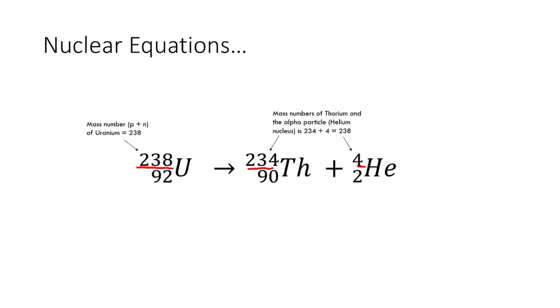So we have consistency, and this is the law of conservation of mass. It's just in a different form. Same with conservation of charge at the bottom. We've got the 90 on thorium plus the 2 on helium. Gives us the overall atomic number or number of protons, which is 92. Okay, and that is it for this lesson.